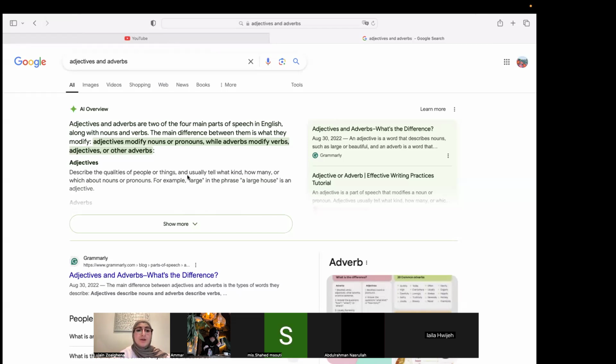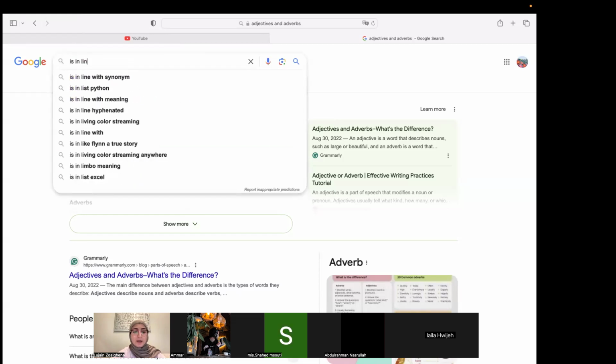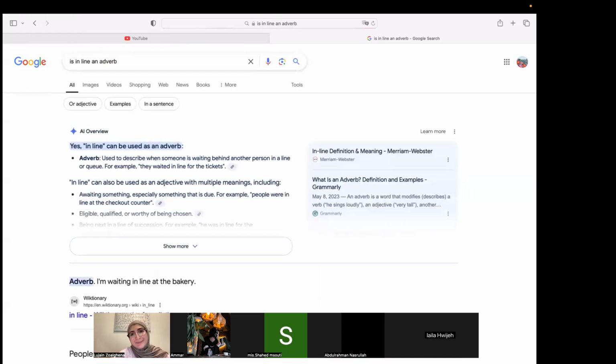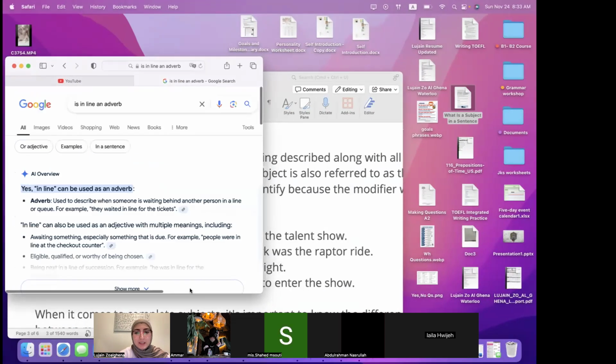Exactly. So adjectives modify nouns or pronouns, while adverbs modify verbs, adjectives, or other adverbs. So our question over here is, is "in line" an adverb or an adjective? Adverb. It is an adverb. Now let's go back over here.